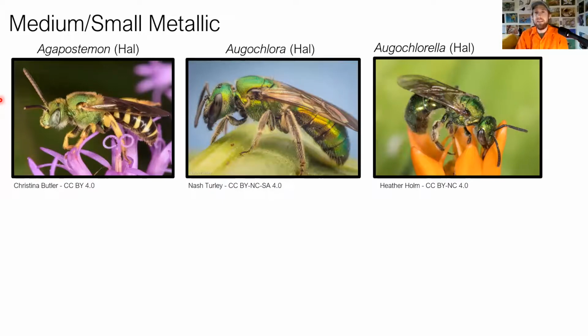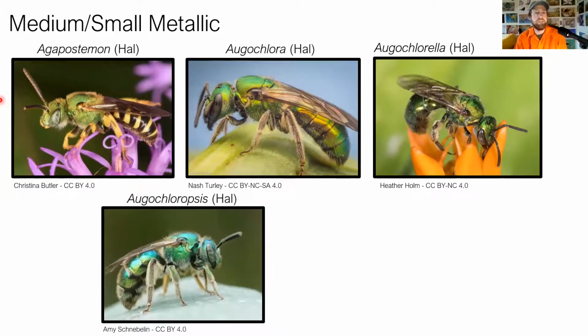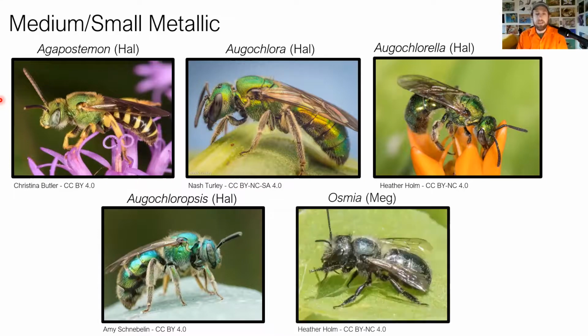And like the others, they'll nest in the ground, generalist, similar ecology. Now we have Augochloropsis. Some of these are social, and some of them are even eusocial, and they nest in the ground as well. But because they're social, their populations kind of build up in the year. So later in the summer or the fall, they can be even more abundant.